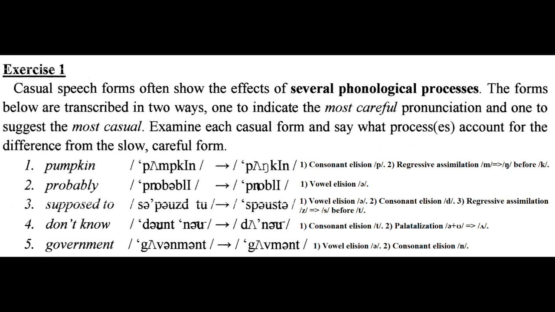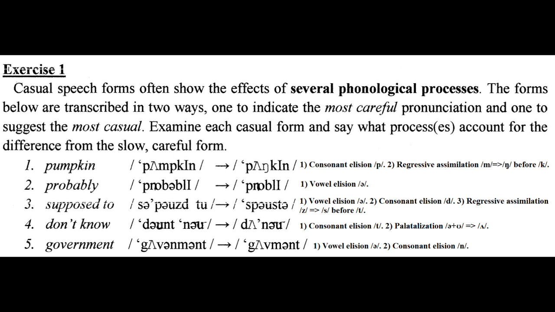Number 3, we have the words "supposed to". It becomes "sposta". So in this word we will have three processes. The first process is the vowel elision of the schwa at the unstressed syllable at the beginning of the word. So we omit the schwa.